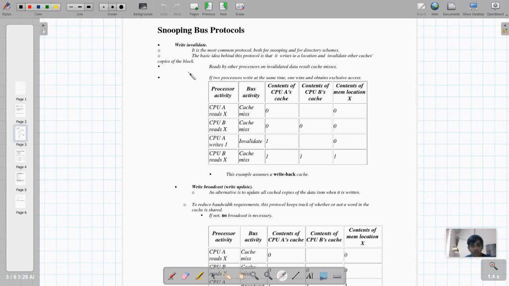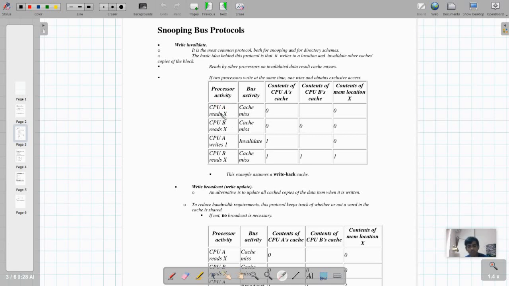Right? Just have a look into the example. Then this statement will be clear. First, say in your multiprocessor architecture, you have two CPUs. One is CPU A and another one is CPU B, right?